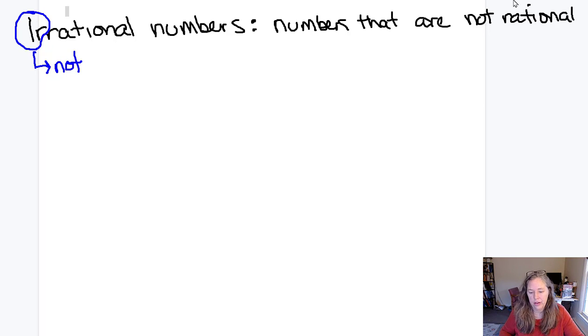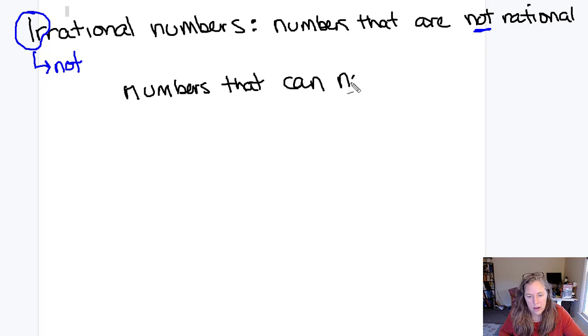If rational numbers can be written as a fraction, then irrational numbers are numbers that cannot be written as a fraction.